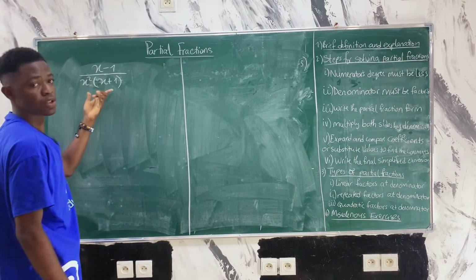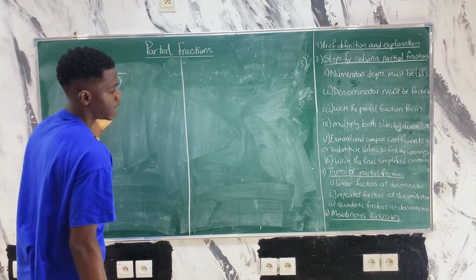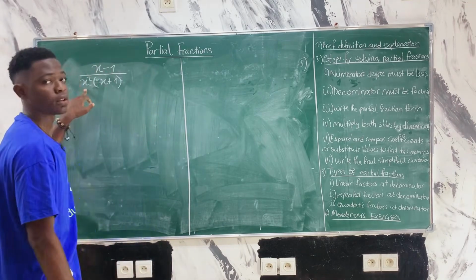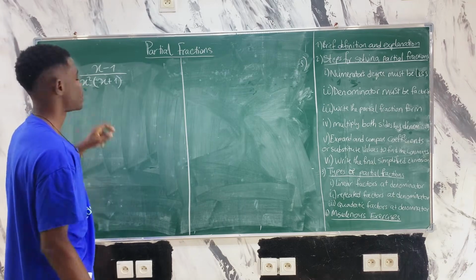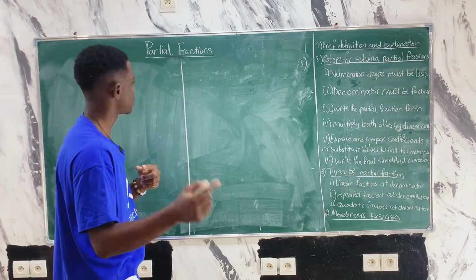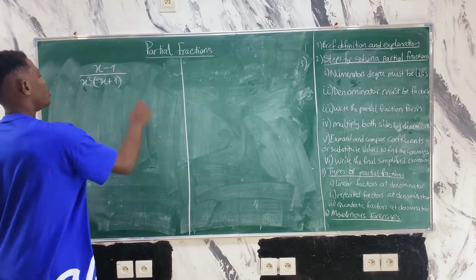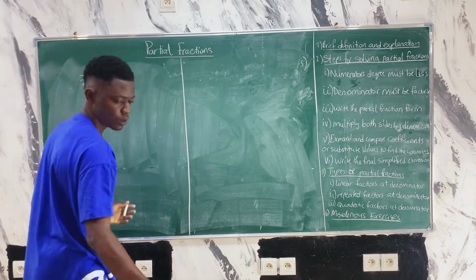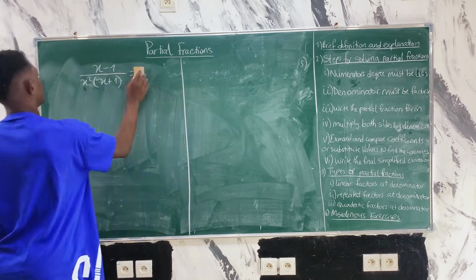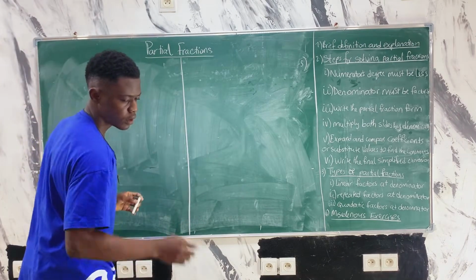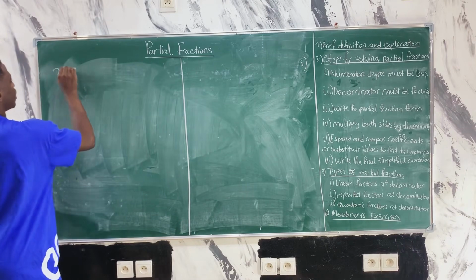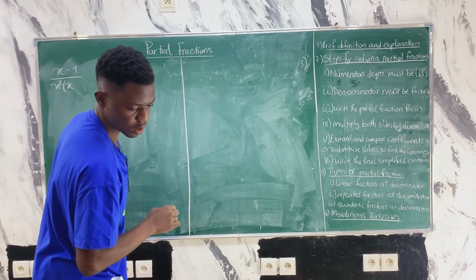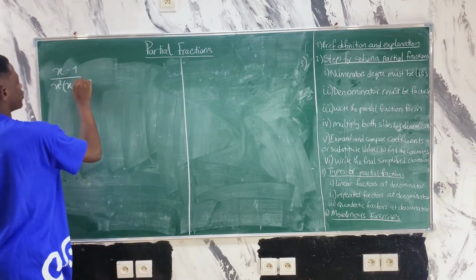So this is also a type of partial fraction with the repeated factor at the denominator, because you can see that x here is repeated. So we have x squared, which is x times x. So x is repeated. I should just copy it right there. X minus 1, x squared, x plus 1.